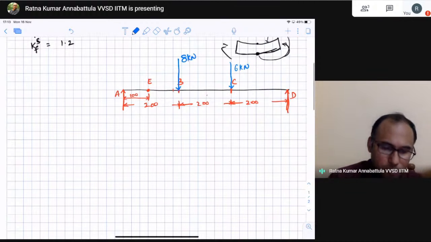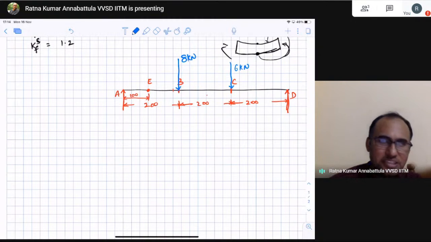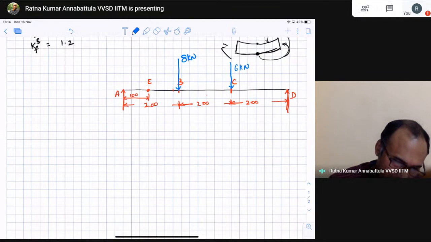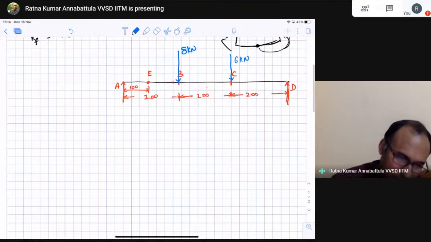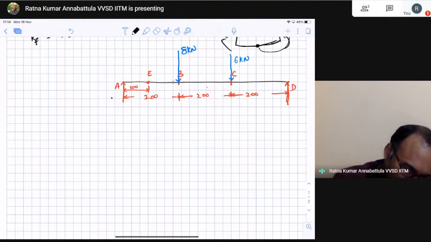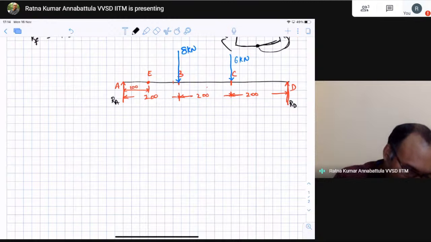Now, most of you would have done your strength of materials class. In that class, you would have studied how to calculate the moment at each and every point. So let's draw the shear force and bending moment diagrams. Before drawing them, we should know the reaction force at A and the reaction force at B. For that, we take equilibrium.